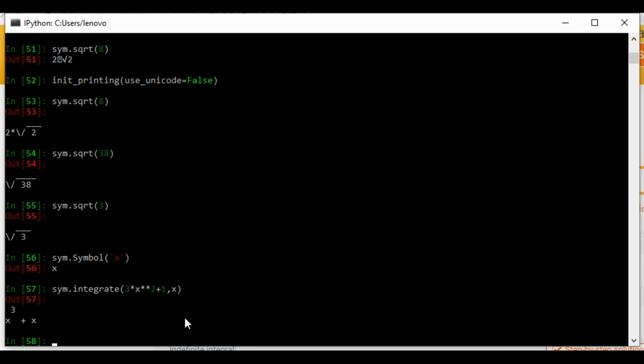In that way we can find the integral of any function using the sympy package. Sim dot integrate simply gives the integral of the function.